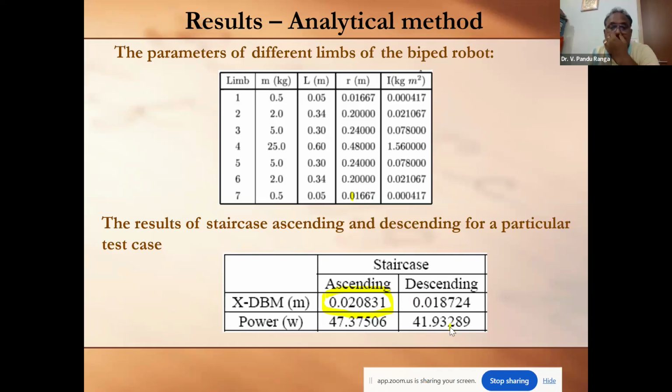So these two facts, more balance and more power while ascending, and less power and less balance while descending, fall in line with the experience of human beings. When we climb the stairs, we feel more balanced than when coming down, and we feel we exhaust our energy while climbing compared with descending. So the analytical method we developed is giving good results, as seen from this phenomenon.